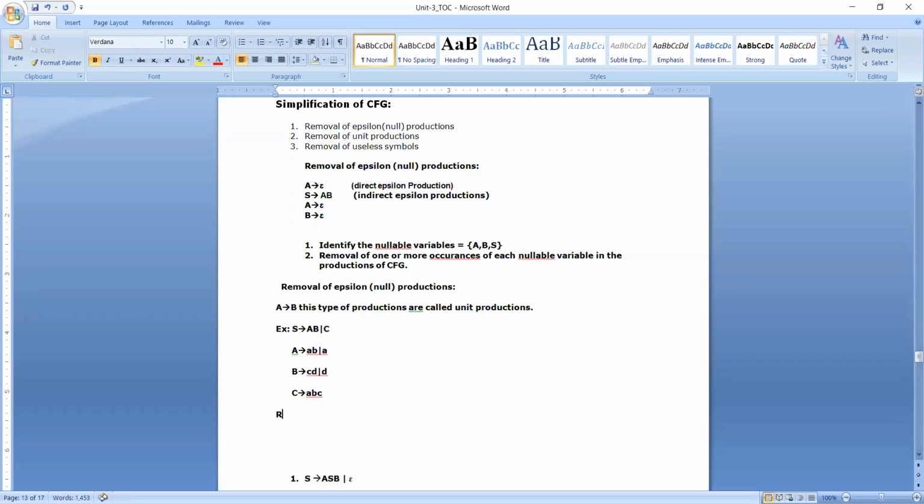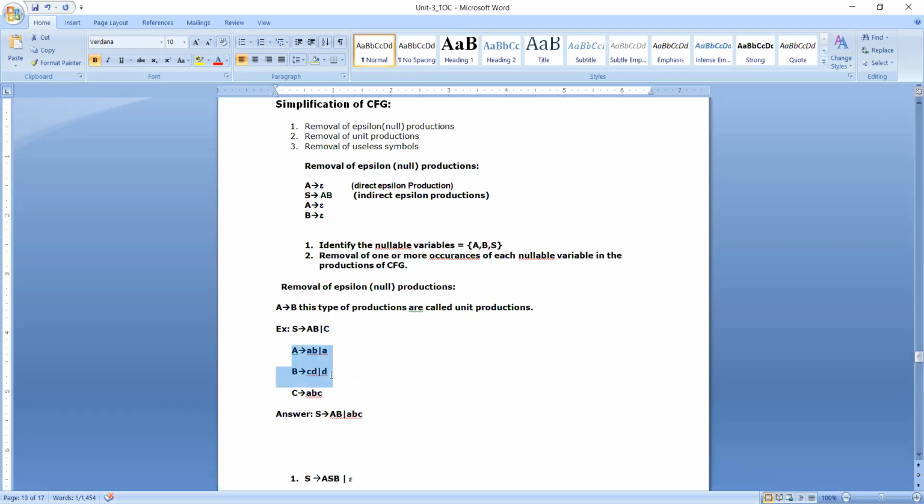Now the answer which we get after removal will be S derives to capital AB, or this time it is not capital C, it will be small ABC.